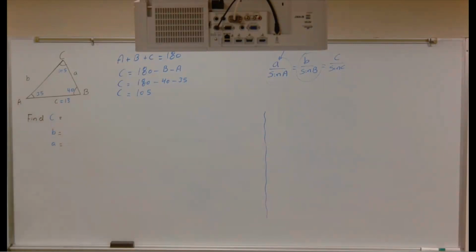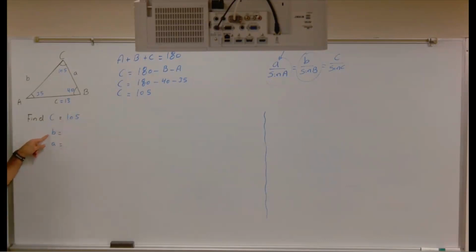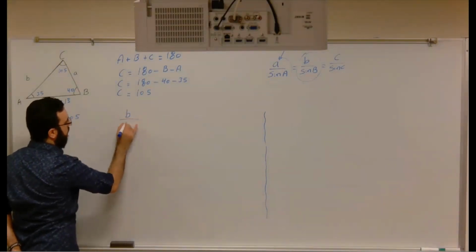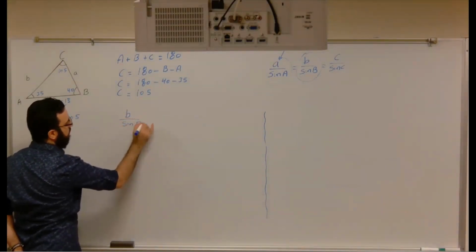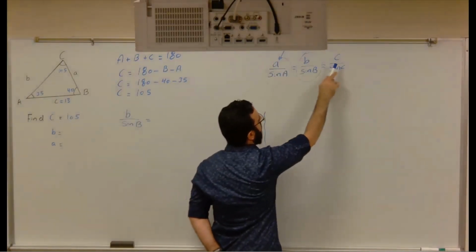Next step. Angle C is 105. I need to find the side B. That means I have to use B over sine B. Which one now you want to use? You want to use the A or you want to use the C?